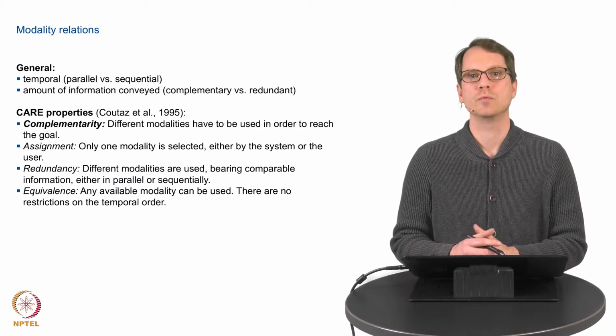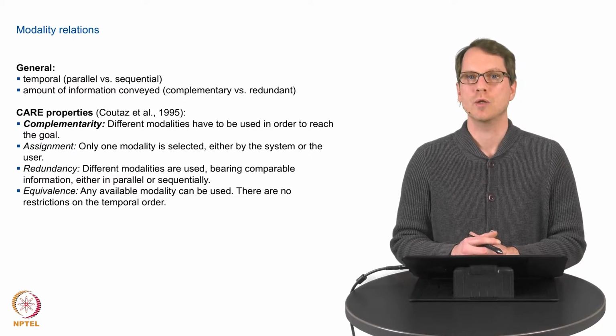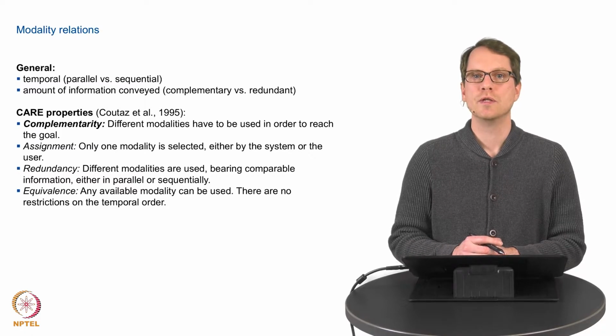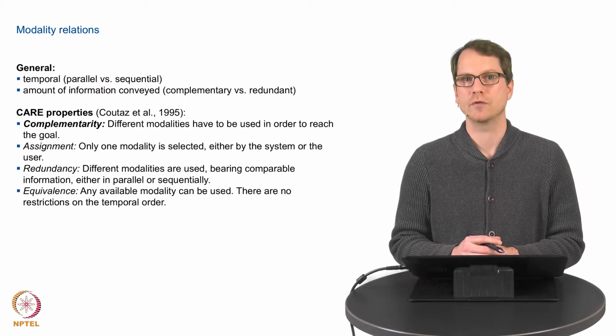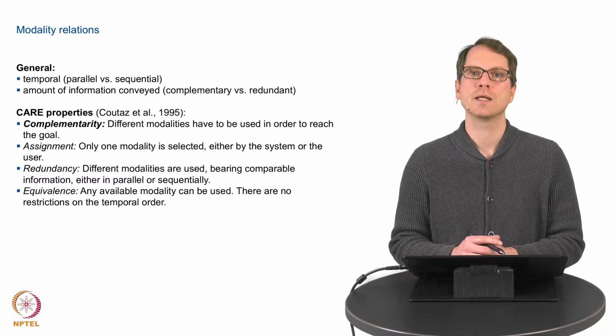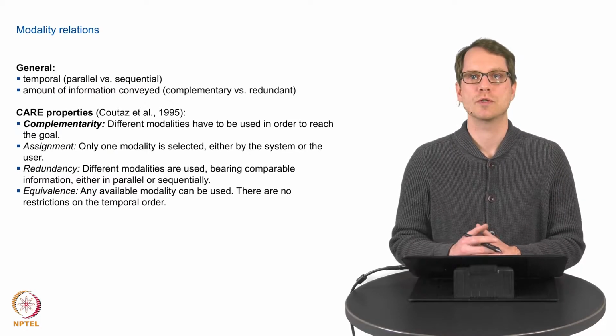For example, if you would sit in this nice chair and point to the screen and say, put this angle in this circle, and you're referring to the yellow one and the red circle, for example, you need both information, the acoustic information and the pointing gesture, in order to interpret the user input. This would be complementarity.